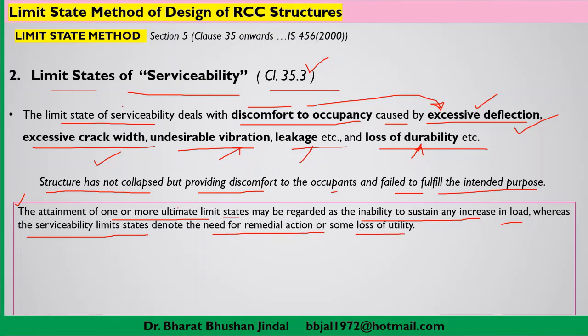That means if the structure you have designed reaches the limit state of collapse, it is not able to sustain any load. After that, it will collapse. Whereas serviceability limit indicates that some remedial corrections need to be taken so that it does not lose its utility.